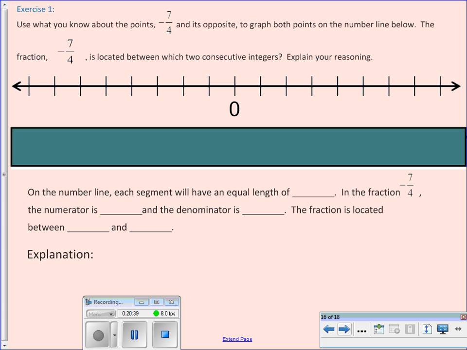So if we wanted to plot negative 7/4 and its opposite, 7/4, we would have to go to what whole number? 1 3/4. Well, 7/4 equals 1 3/4. So what whole number would I have to go to? 1 wouldn't be big enough. I'd have to go to 2 and negative 2.